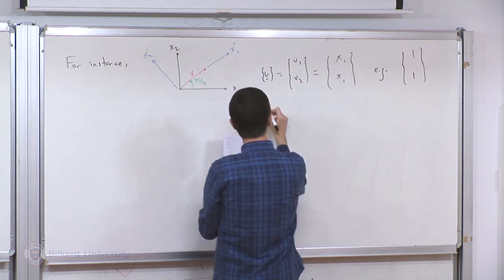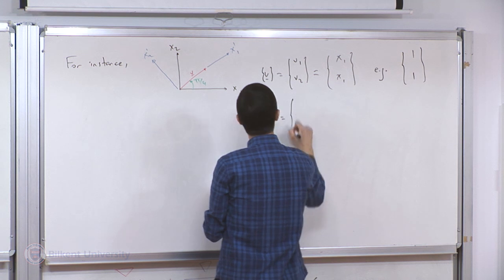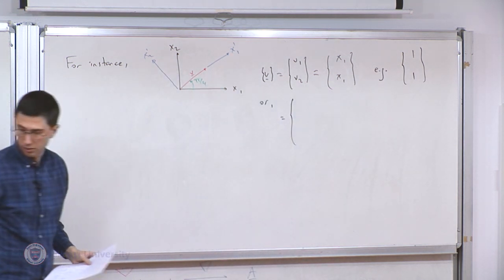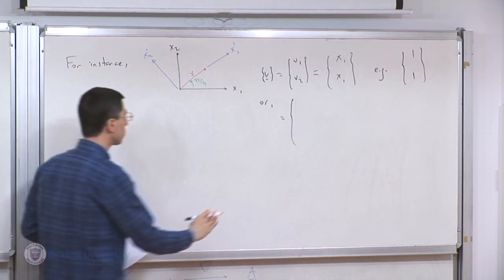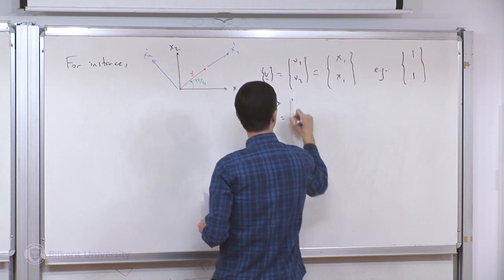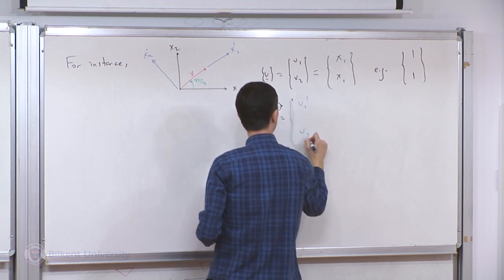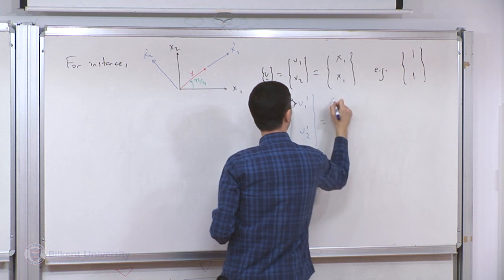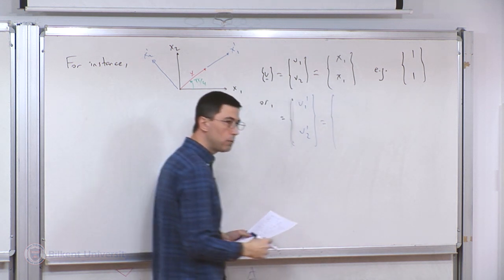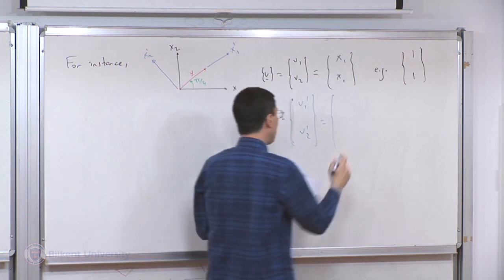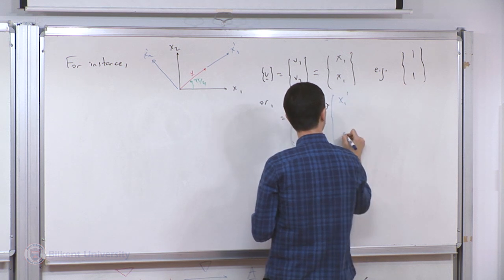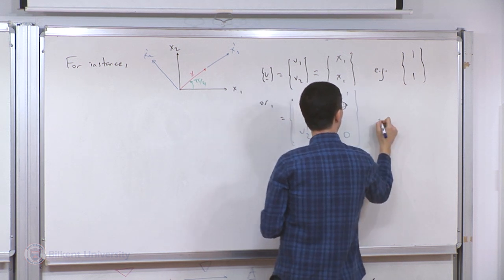Now, another way to indicate this vector is using the primed coordinate axis. So that would be v1 prime, v2 prime. Now it's going to be x1 prime, 0.